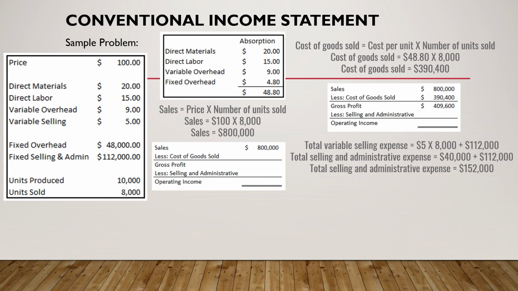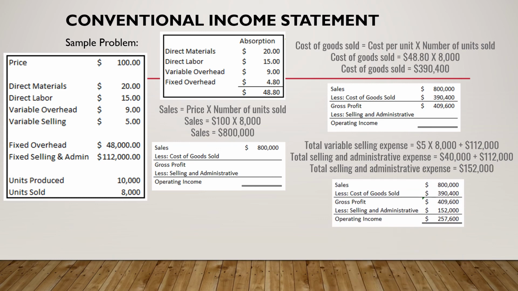The variable selling per unit is 5 times 8,000 units sold plus 112,000. We came up with total selling and administrative expenses of 152,000. We deduct this again from the gross profit of 409,600. Then we come up with the operating income of 257,600 pesos.